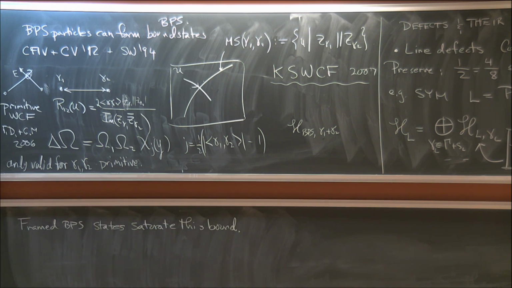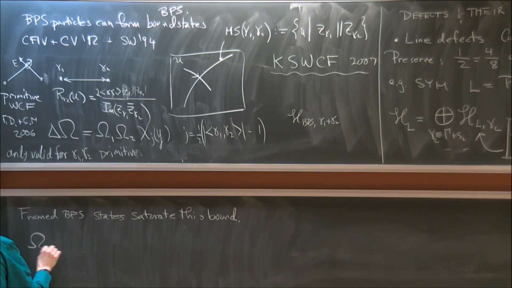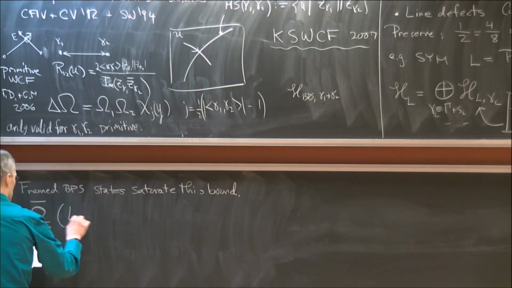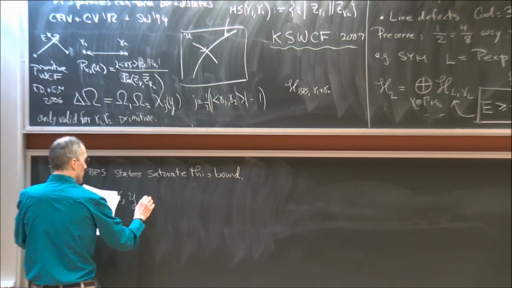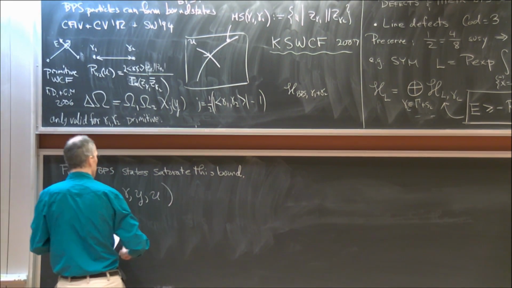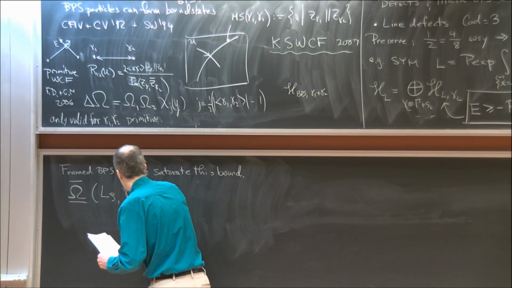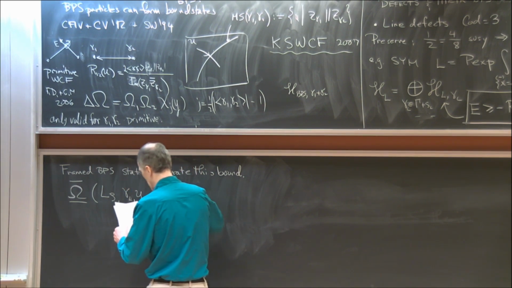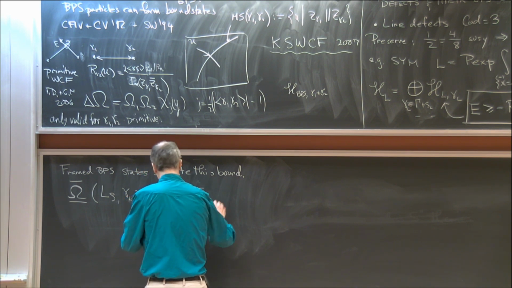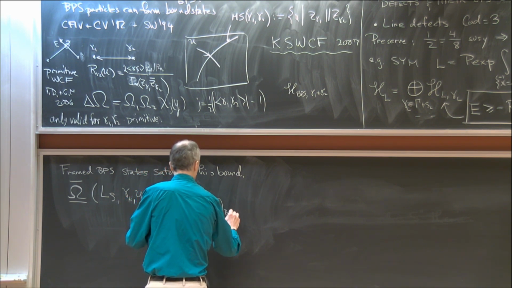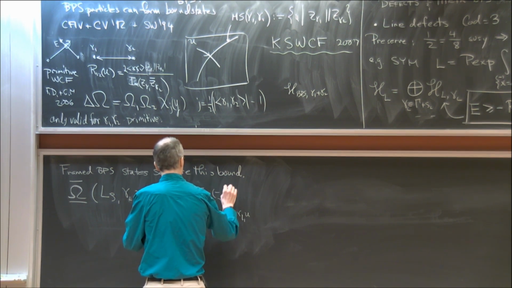Framed BPS states saturate this bound, and so we can define a framed index. It depends on a lot of data: the line defect, in particular the phase associated with the line defect, the charge, which I should call gamma L, Y, and U. By definition this is H sub L sub BPS of gamma U, gamma LU, with minus 1 to the 2J3.